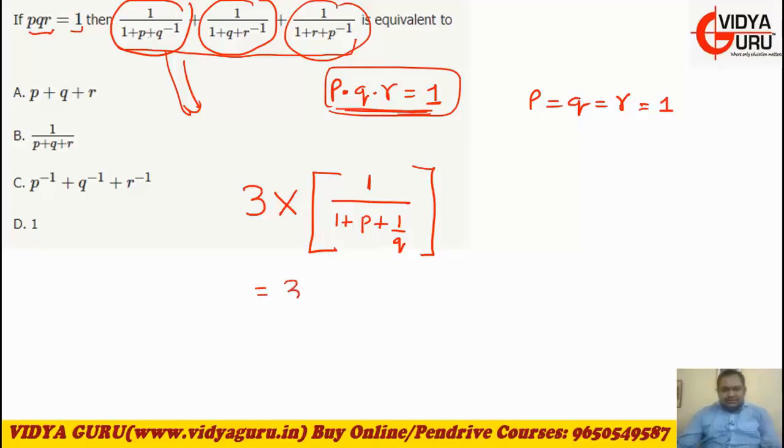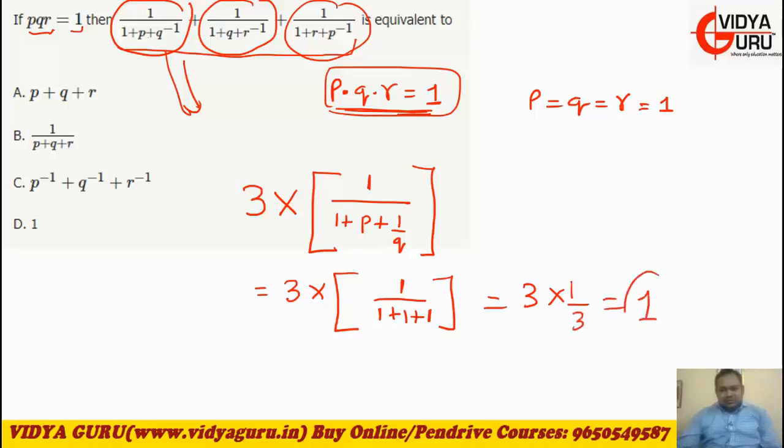So now you can easily substitute the value here. 3 into 1 plus 1 plus 1 plus 1 by 1 is equal to 1. So 3 into 1 by 3, answer comes out to be 1. So without getting into difficult algebraic expansions and all, suppose you would have tried a traditional method on this one, it would have taken you at least 2 minutes.